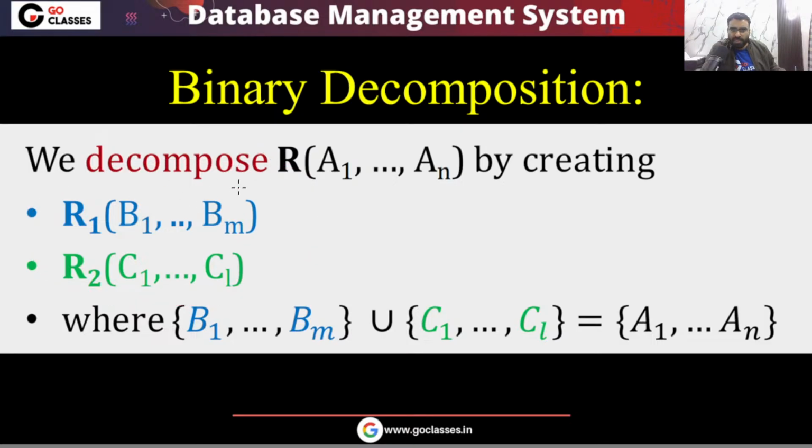And the same property, remember, every attribute of R must appear in at least one of the sub-relations. And if you do the union of the schemas of both the sub-relations, then you should get the schema of R. So this is called binary decomposition.